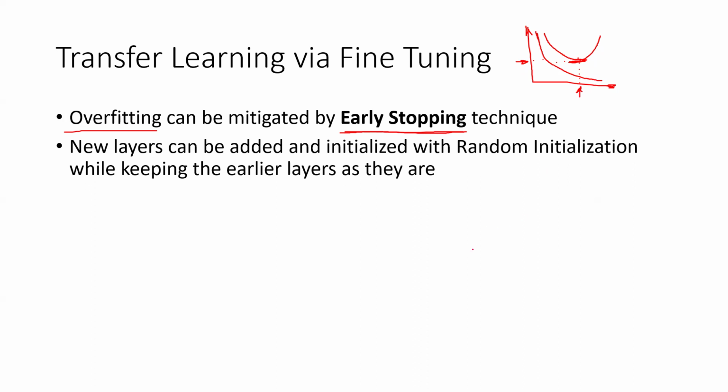Sometimes in some transfer learning techniques, say you have a pre-trained model where there are only 3 layers. Now maybe you can change the architecture. You can freeze these 3 layers, and you can add a new layer here, and add new layers here like this.